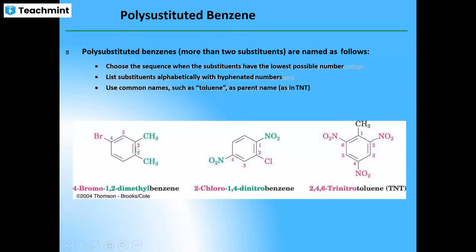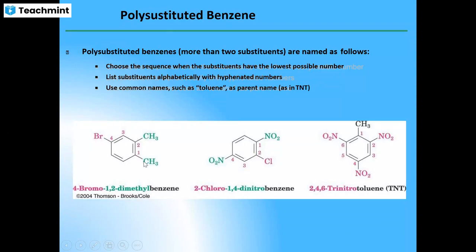If you go from the right side, clockwise, the CH3 group is first, then second and third are empty, at the fourth position bromine comes, then at the sixth position the other CH3 comes. This is not convenient, so choose the sequence when the substituents have the lowest possible numbers. So the correct sequence is 1, 2, 4.